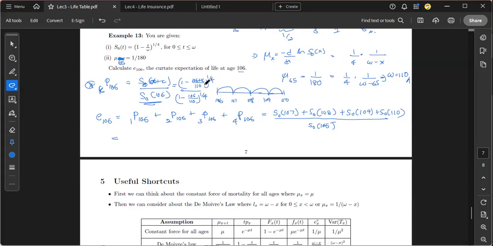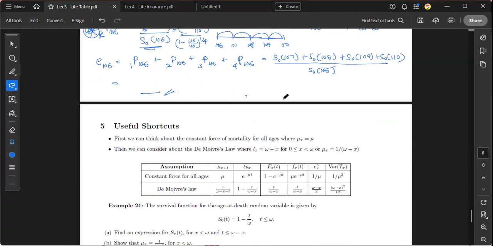So once you apply 1, 2, 3, and 4 for this k, we'll get this S naught 107 to S naught 110, and you can find the value of S naught 106 and get the final value using this form. So you will get something near to 2.478. So you can write by yourself.